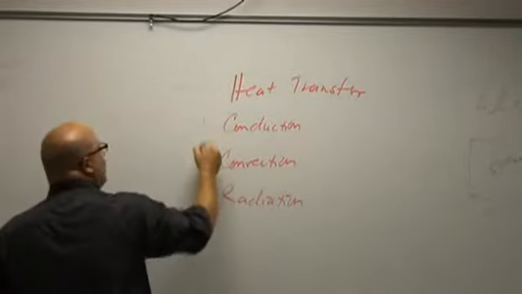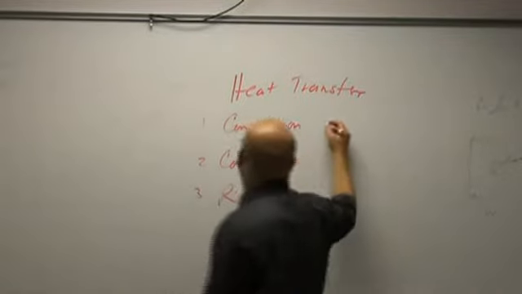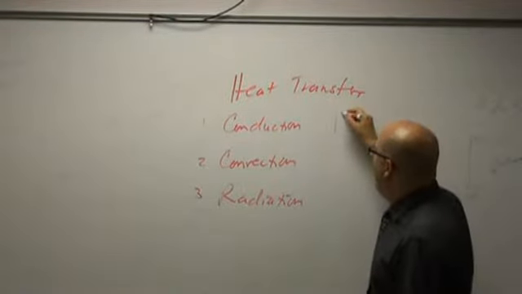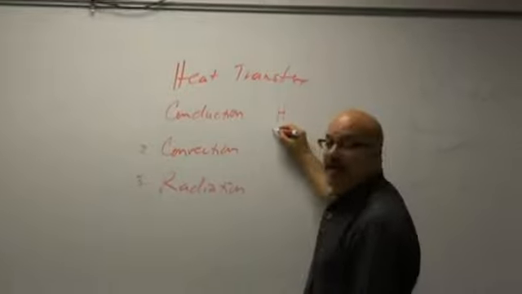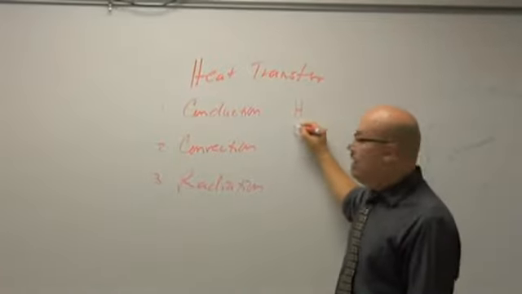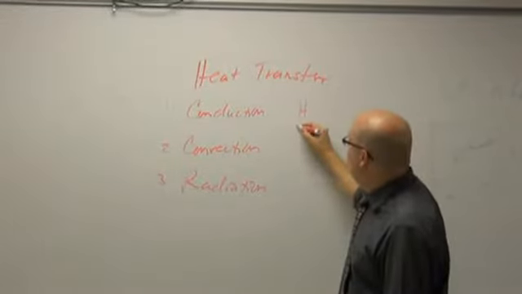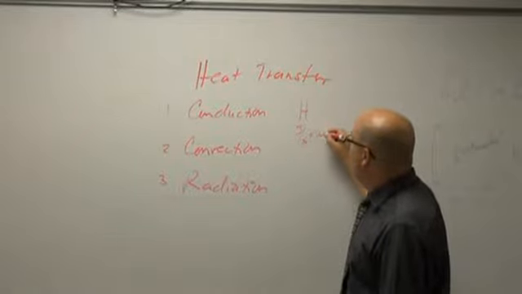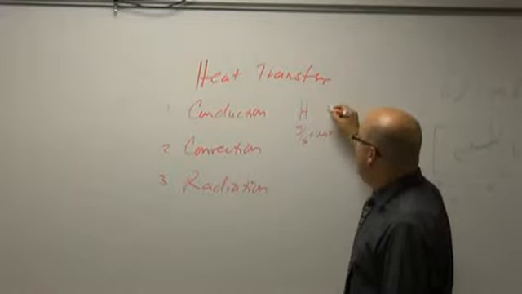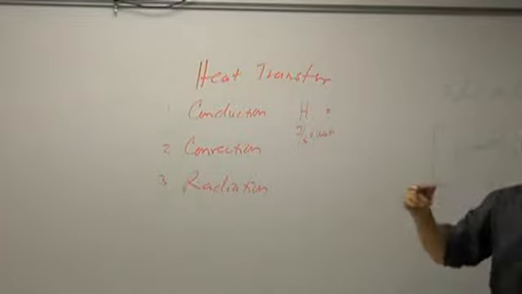One, two, three. Our conduction equation was H, which is the heat transfer rate, so it's in units of joules per second, which is a watt. It's the rate at which heat transfers.